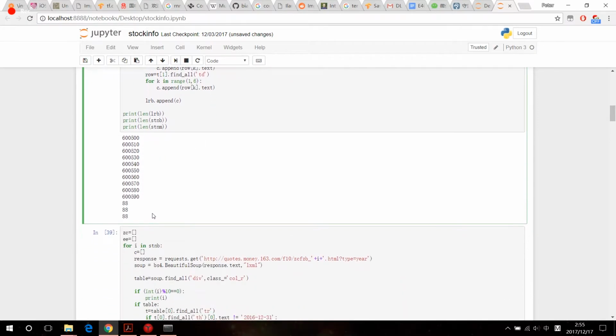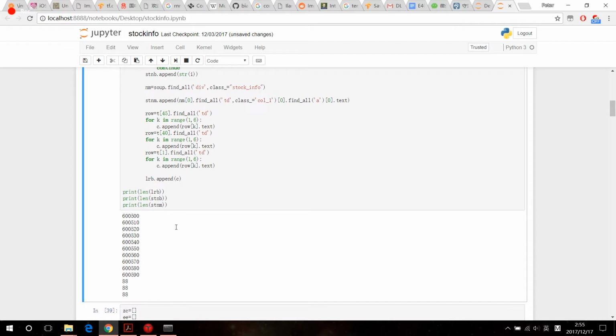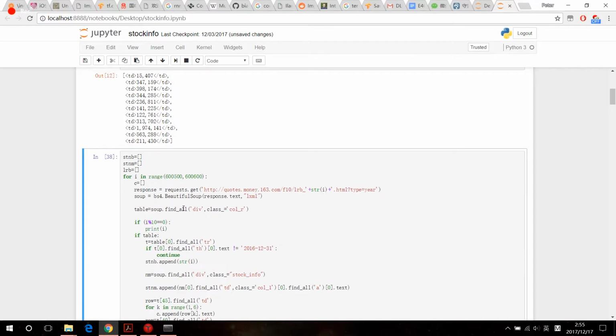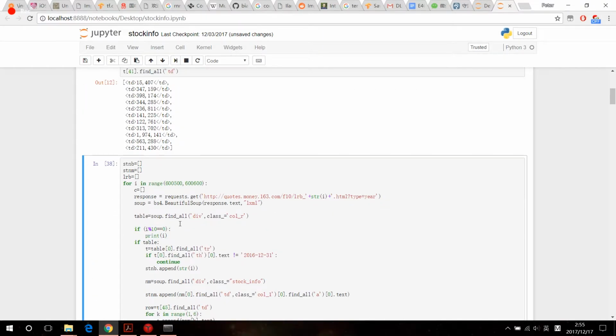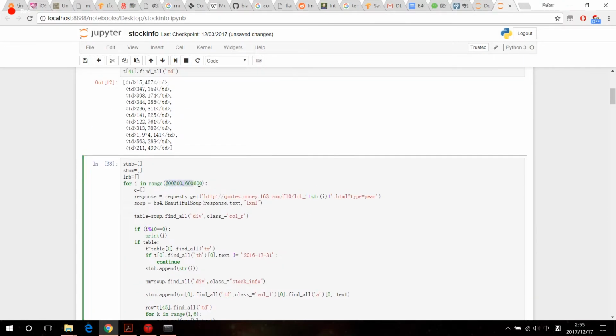You can see we got 88 active stocks. We can say they're useful, or valid, stocks in this stock number range.